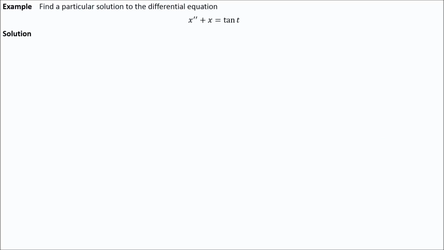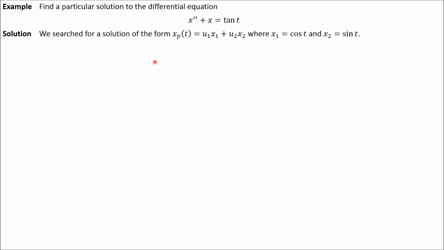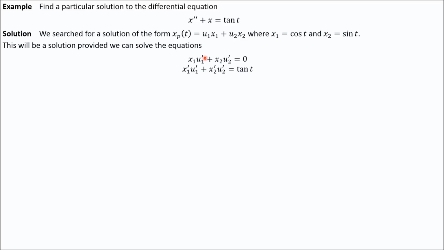So to recap, we were searching for a solution of this form, and we found that it would be a solution provided it satisfies these two equations. We solve this system for u1 prime and u2 prime, and we get this.